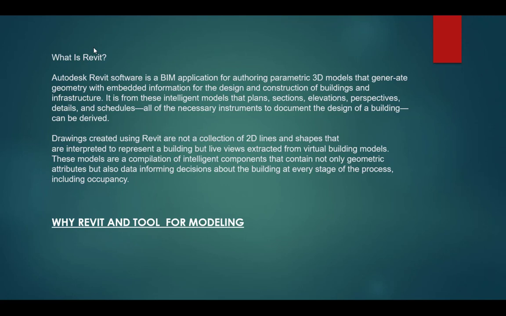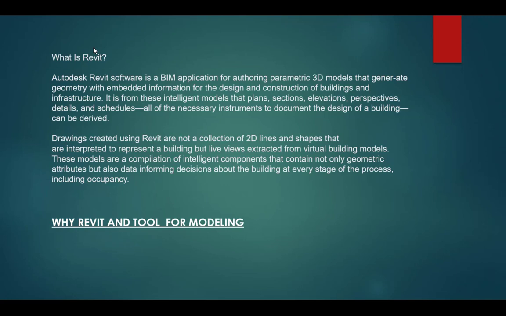Drawings created in Revit are not a collection of 2D lines and shapes that are interpreted to represent a building, but a live view extracted from a virtual building model. So this is not just like the AutoCAD software. This is a 3D software which helps you to extract from virtual models as well.